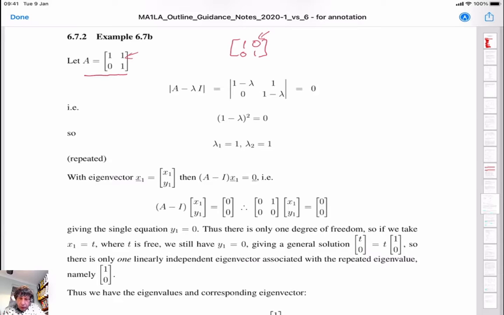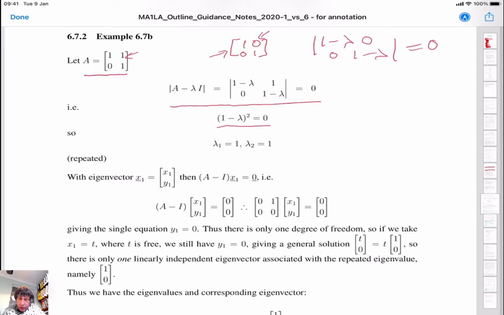If we then form the characteristic equation as the determinant of A minus lambda I, then again this becomes a quadratic equation, identical to the one for the previous example, because that was the determinant of 1 minus lambda, 0, 0, 1 minus lambda being 0.